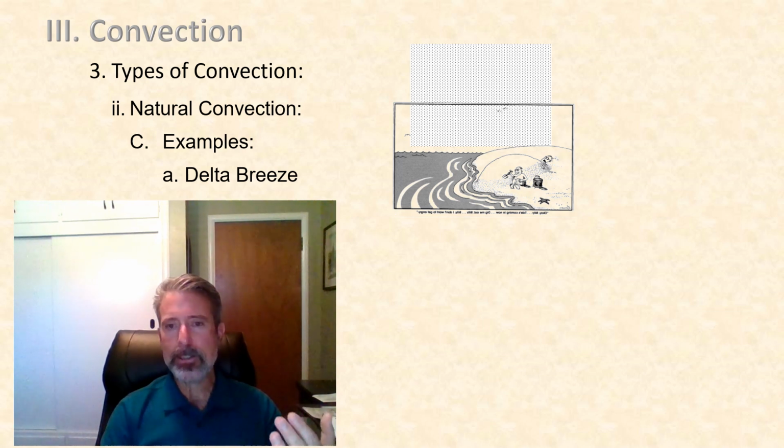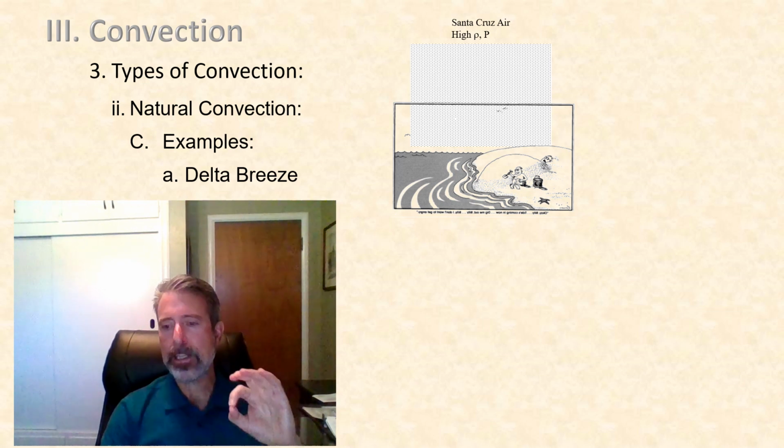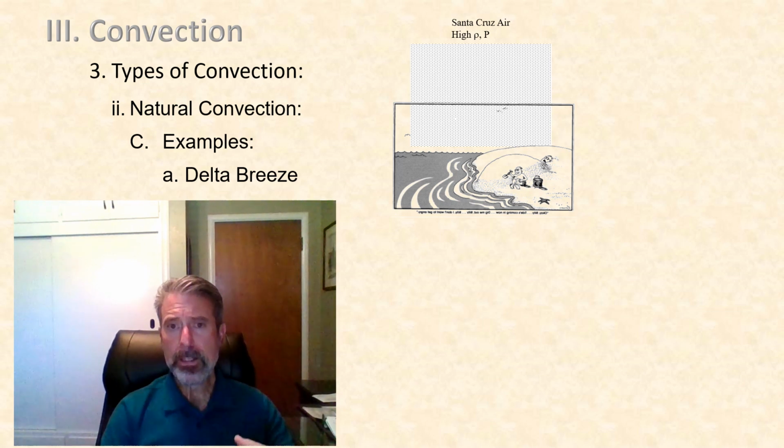So what this means is that the temperature of the air in Santa Cruz is going to be much lower, meaning that the density of the air and the pressure of the air in Santa Cruz will be much higher than it will be inland.